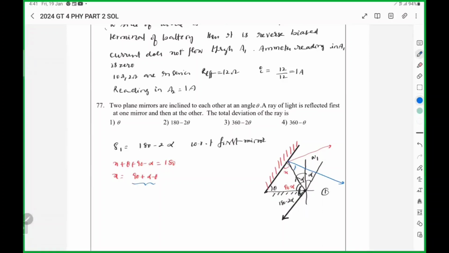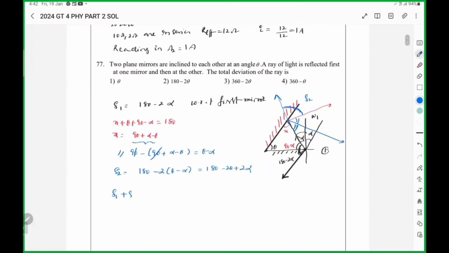This part will be 90 minus 90 plus alpha minus theta, which is theta minus alpha. Now it is supposed to travel in this direction. It gets deviated by this delta. So 180 minus, this is theta minus alpha, it is also theta minus alpha, 2 times theta minus alpha.